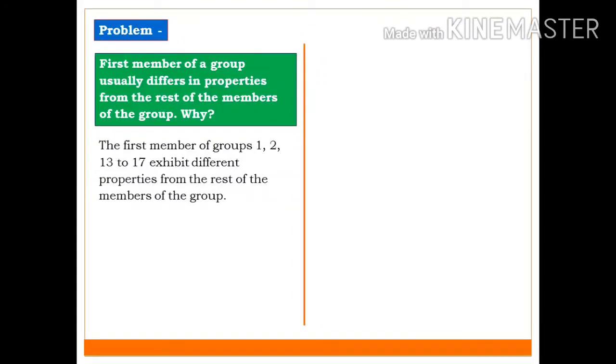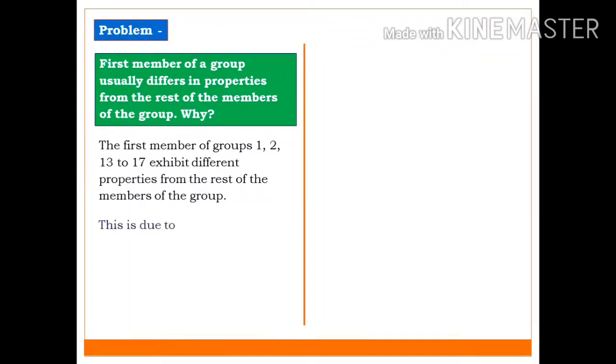It is observed that the first member of the groups 1, 2, that is s block elements, and 13 to 17, that is p block elements, exhibit different properties from the rest of the members of the group.